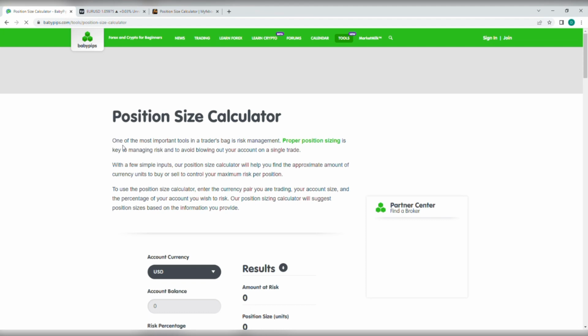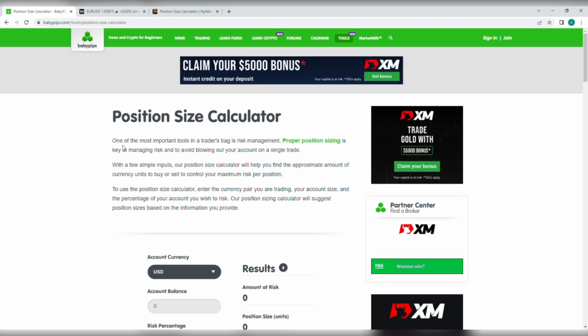The position size calculator works by you entering the size of your trading account and the percentage of your account that you are willing to risk on each trade, and you then choose the currency pair you would like to trade, and the calculator will give you the appropriate position size for that particular trade. So the position size calculator helps forex traders find the appropriate amount of currency to buy and sell to control risk.